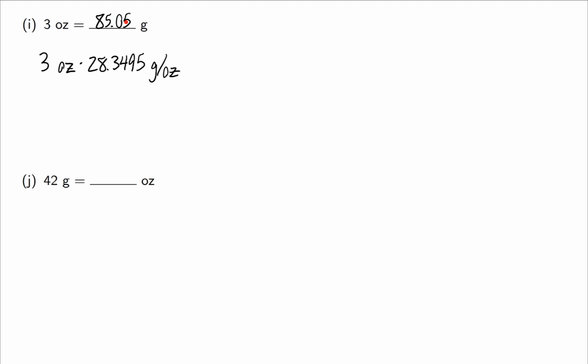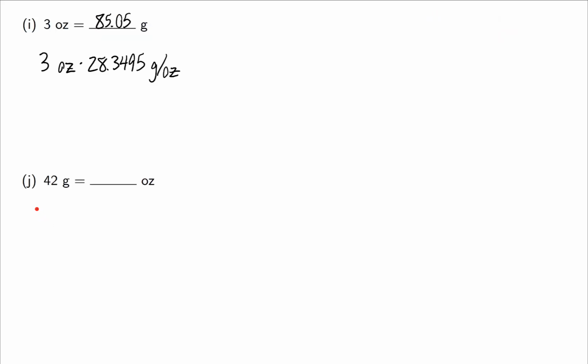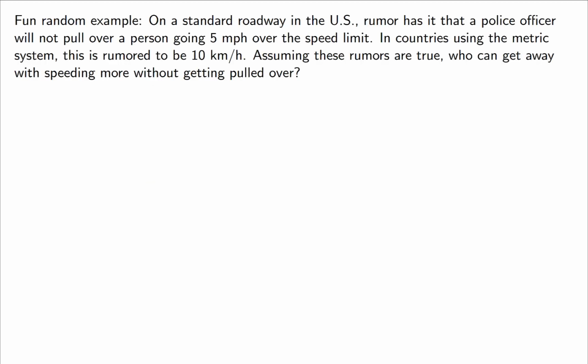Now let's look at grams to ounces. Grams to ounces will multiply by this number, 0.0352739. So let's take our 42 grams, multiply by 0.0352739. And when I do that, I get about 1.48 ounces.